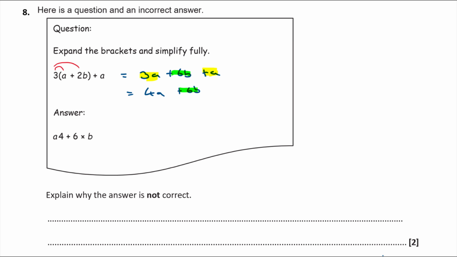So it should be 4A plus 6B. Now, if you compare that with what he's written down, he's written A4, so he's got these the wrong way around. And rather than writing 6B, he's written 6 times B, so he's left the multiplication sign in. So that's the two things he's done wrong.